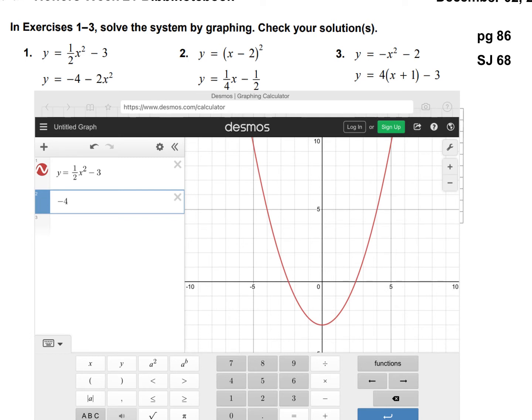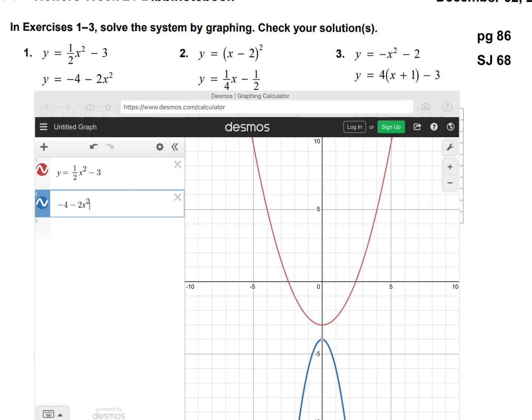And see, I didn't type y equals that time. I wanted to show you that you can do either one. Negative 4 minus 2x squared. And I'm looking for the point of intersection. If you look down at the bottom, do those 2 points intersect? No, they do not. So then that means that my answer is no solution for number 1, because they do not intersect. Okay, for the next problem.